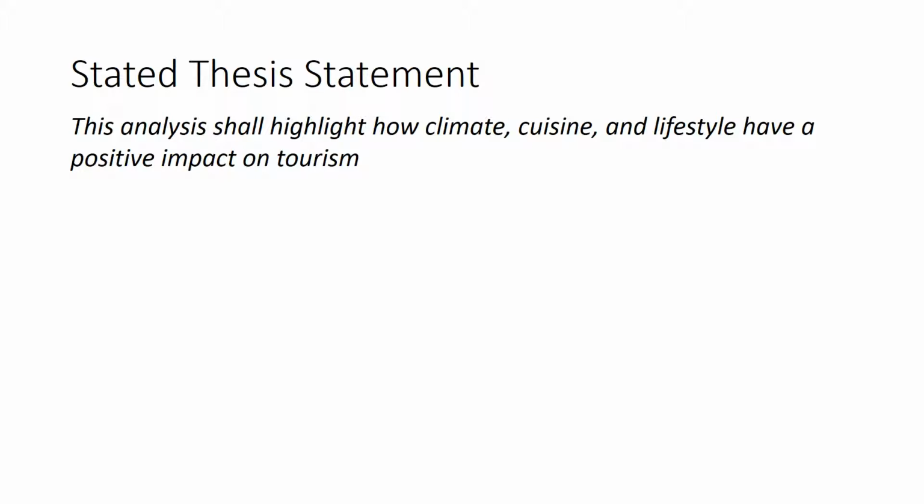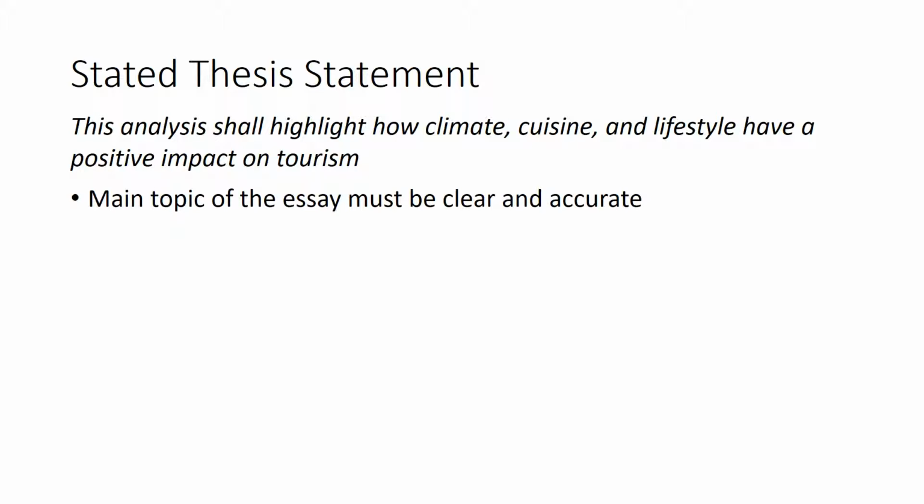A stated thesis, which we mentioned a couple of slides back, is one particular kind of thesis statement. This is an example. This analysis shall highlight how climate, cuisine, and lifestyle have a positive impact on tourism. Okay, so within a stated thesis, the main topic of the essay must be clear and accurate.